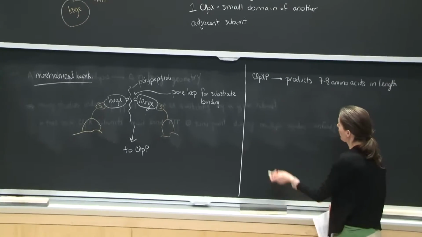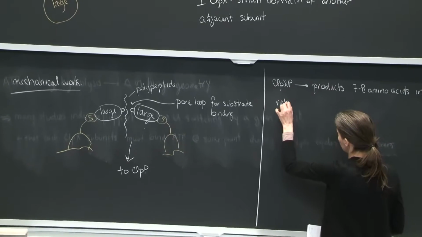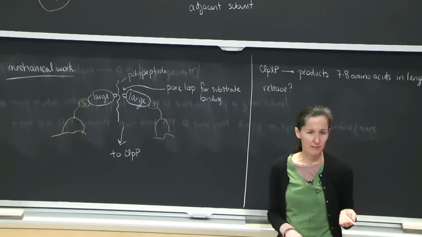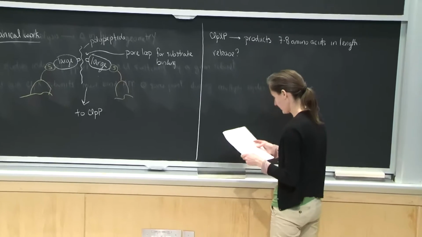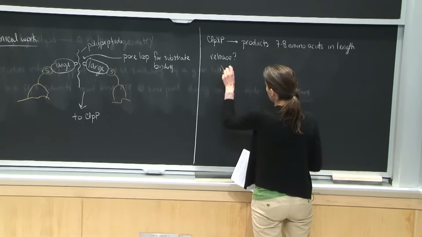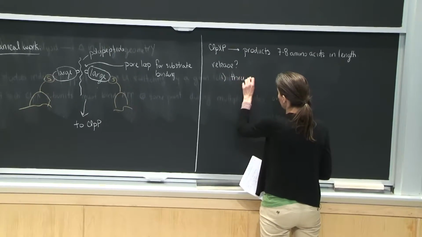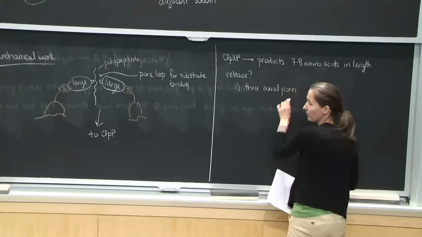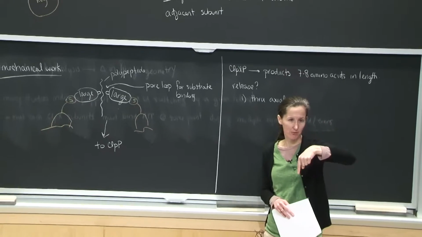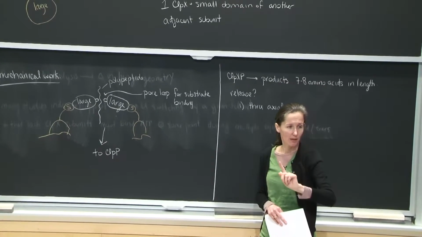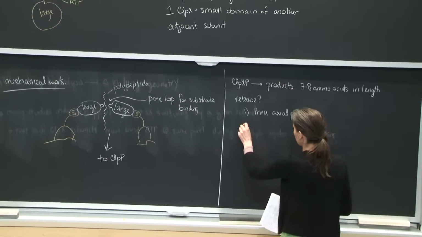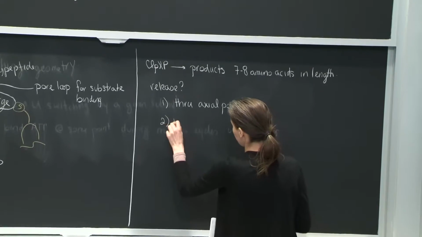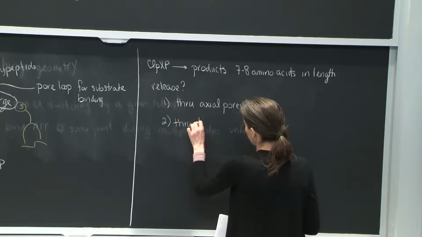How are they released? We can think about two possibilities. One is that they're released through the axial pores, so somehow those pores that allow polypeptide substrate to go in also allow product fragments to go out. And the second option is release through transient side pores.